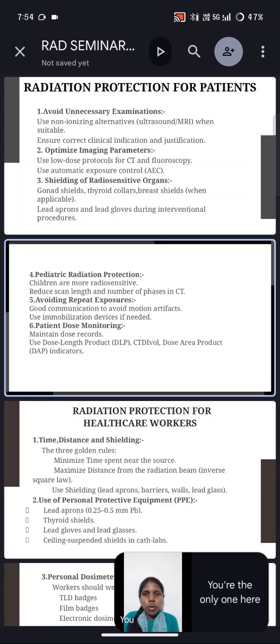The second one is optimize the imaging parameters, use low dose protocols, and automatic exposure control. The third one is shielding of radiosensitive organs: thyroid collars, breast shields, and lead aprons and lead gloves during interventional procedures.